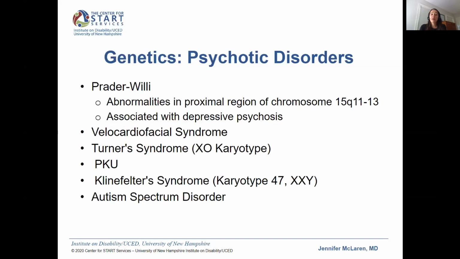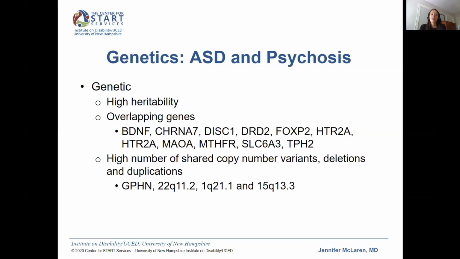Psychotic disorders are more likely to occur in individuals with Prader-Willi, velocardiofacial syndrome, Turner syndrome, PKU, Klinefelter's, and autism spectrum disorder. We know that there is an overlap in terms of genetics in autism and psychosis. Both are highly heritable disorders. For example, autism has an 80% heritability, as does schizophrenia, and that's high. Heritability of height from our parents is also 80%.